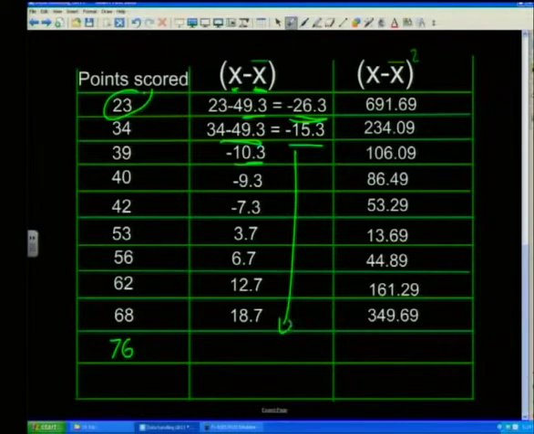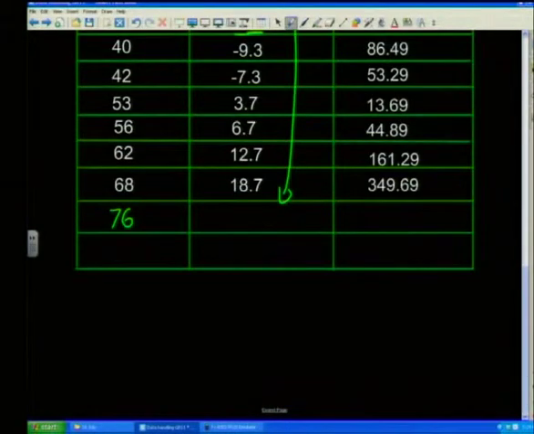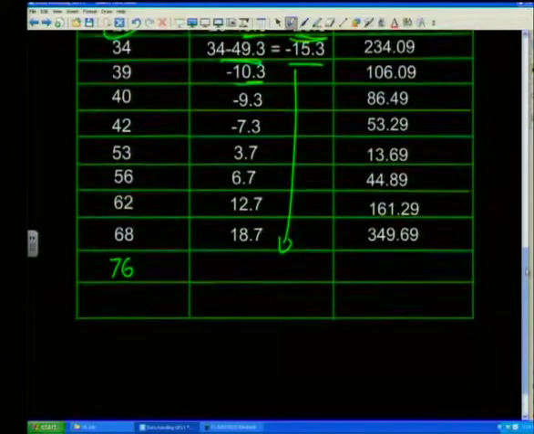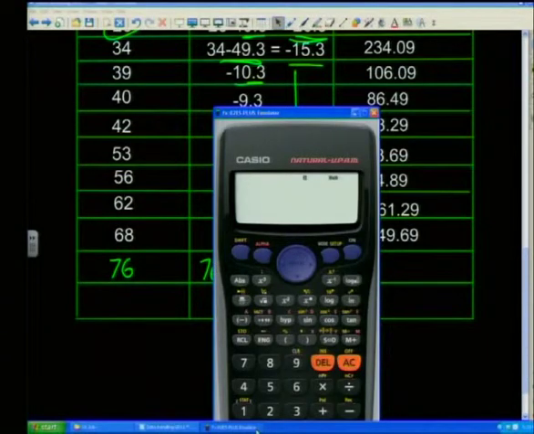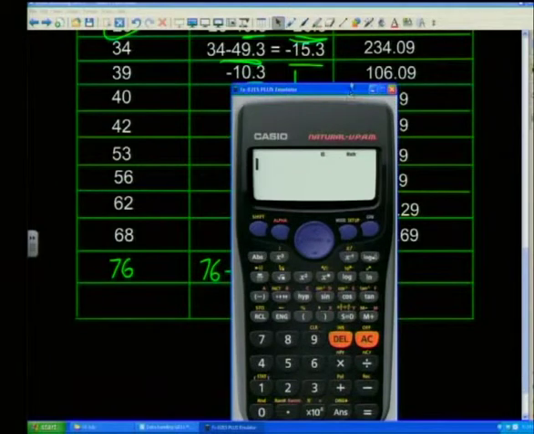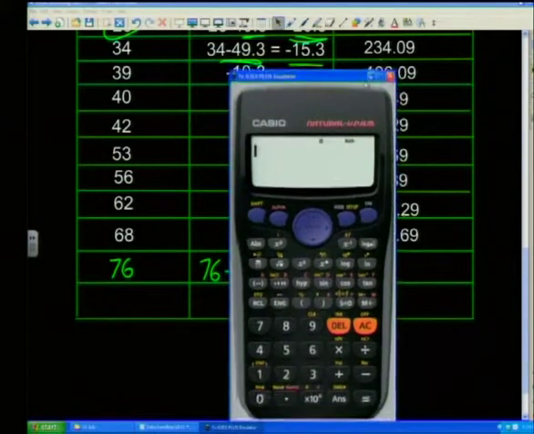I'm going to do the last one for you, which is the one with the 76. So we're going to say 76 minus 49,3, and we call up our calculator to see what we get. Hopefully you guys can see the calculator.